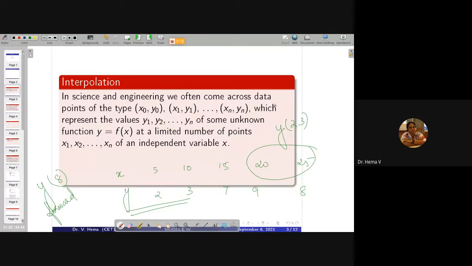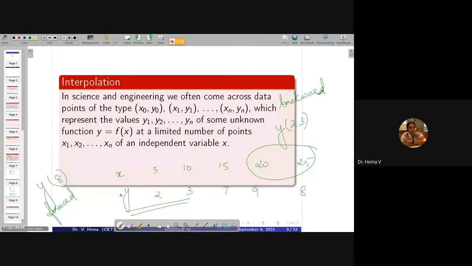Is it clear? If you want to find later values, the end values, you will go for the backward interpolation method. And if you need to find the initial values, that is, the values at the beginning stages, you will use Newton's forward interpolation method.